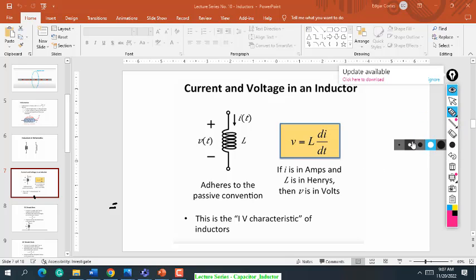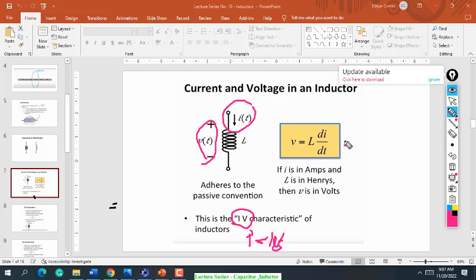So what happens then? Of course, when there's flow of current, there's also voltage, because it cannot be absent. The current adheres to the passive convention. The IV characteristics: IV is power, because P equals IV. The characteristic of the inductor is represented by this equation: V equals L di/dt, where L is our Henry.